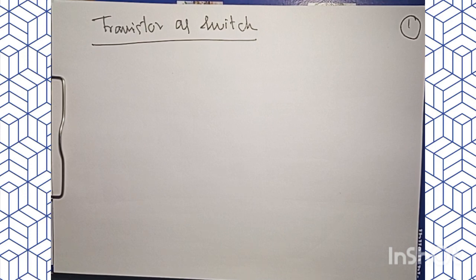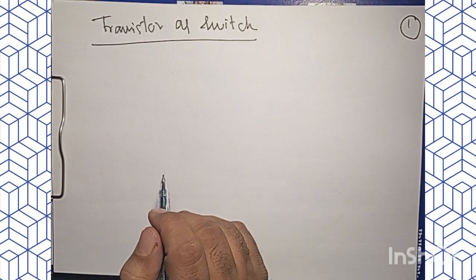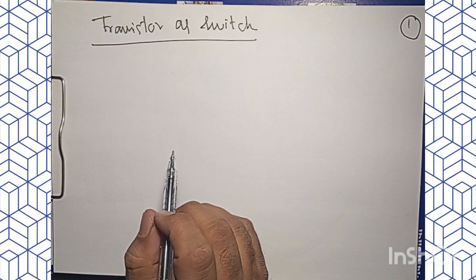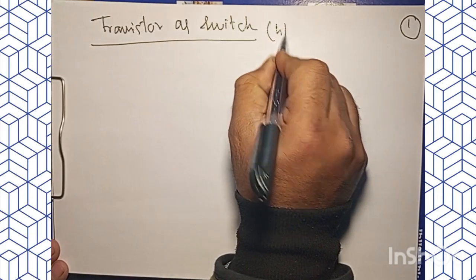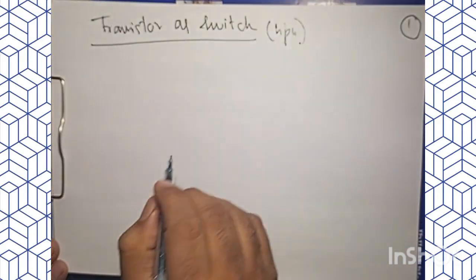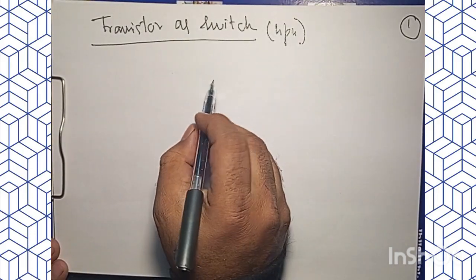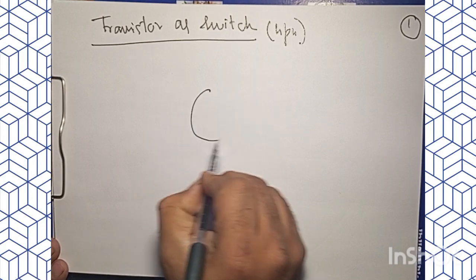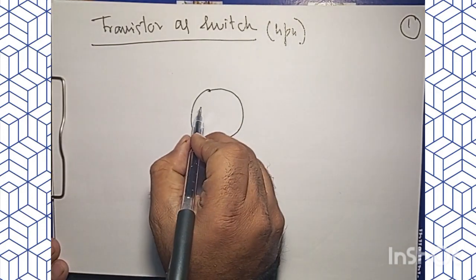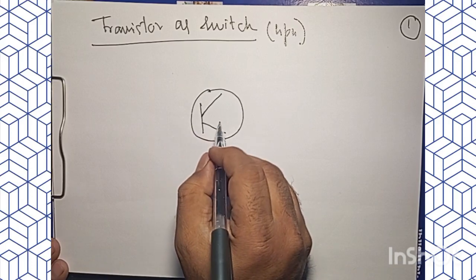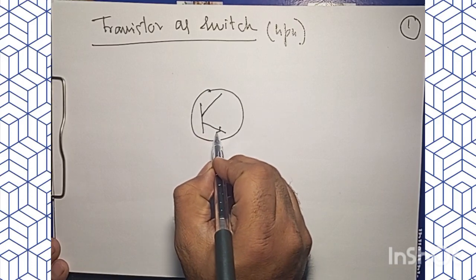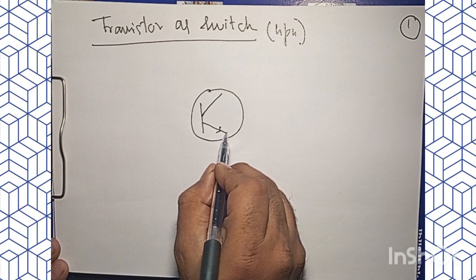To discuss making use of a transistor as a switch, we will take an NPN transistor in common emitter mode. So we have an NPN transistor. The arrow should be out because it's NPN.